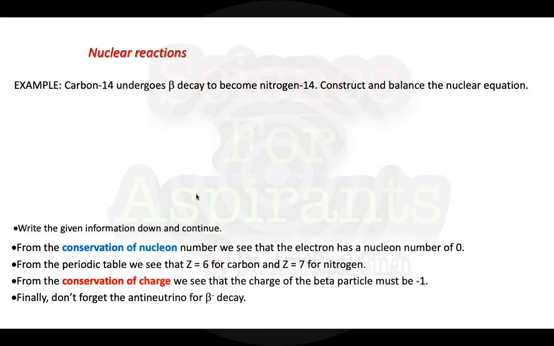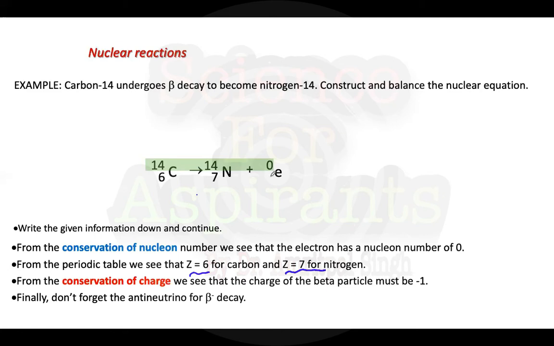Second, you will see the periodic table: carbon has atomic number 6, while nitrogen has atomic number 7. So you can write 6 here and 7 here. The total mass is equal on both sides.